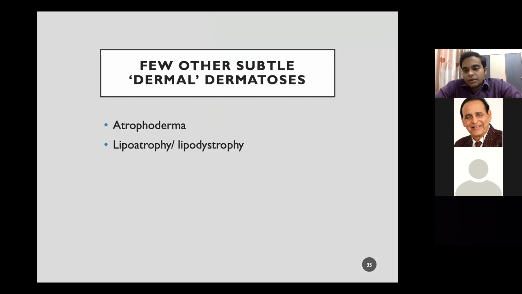So atrophodermas will not show much, just thinned out dermis and nothing else. Lipoatrophy obviously will not show much if you do a superficial biopsy because the atrophy of fat will be there, which anyways cannot be made out in histopath. That is an absolute manner of atrophy which we see clinically or maybe radiologically.